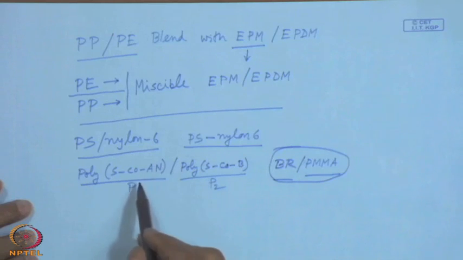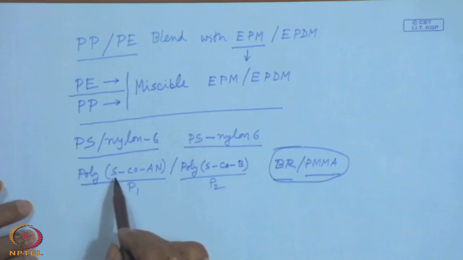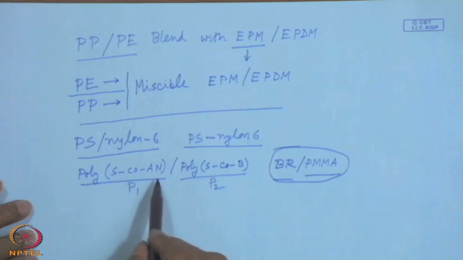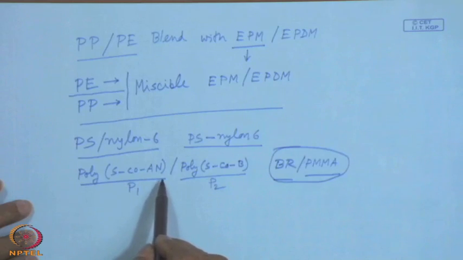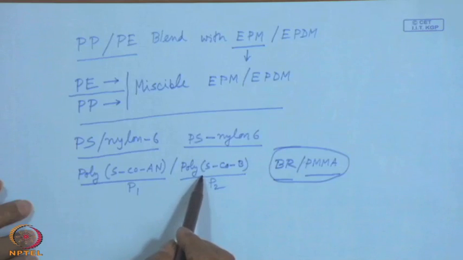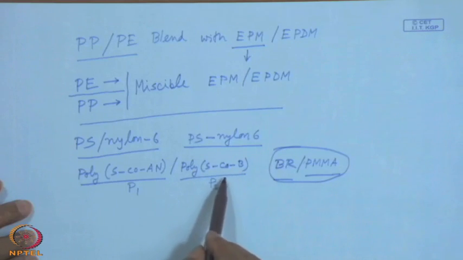The reason is, polystyrene is a rigid polymer, rigid plastic with less impact strength. Acrylonitrile leads to a very strong and tough polymer, and their rigidity and toughness can be modified by blending with styrene butadiene copolymer.